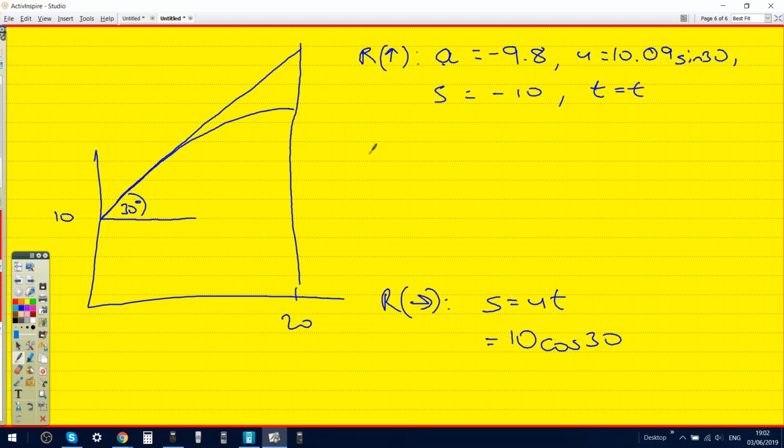Okay. So what would this be? We want t from a, u, s, and t. s equals ut plus half at squared.